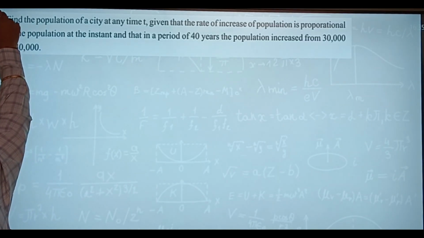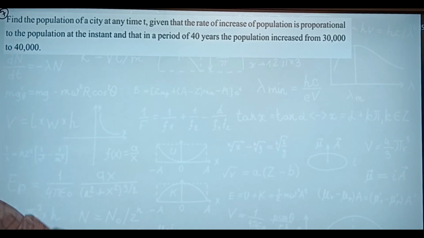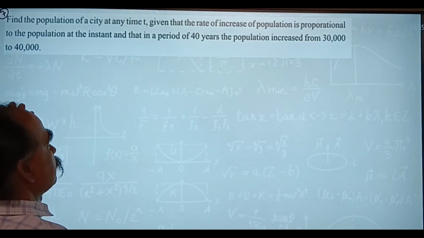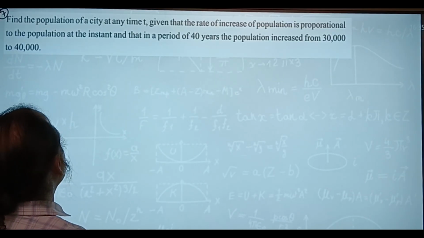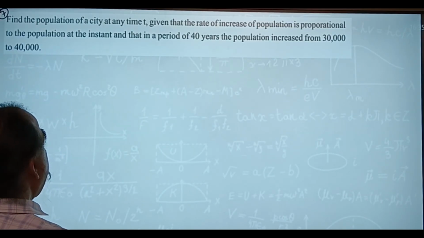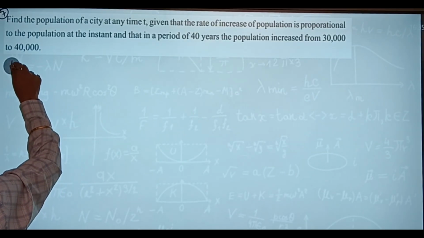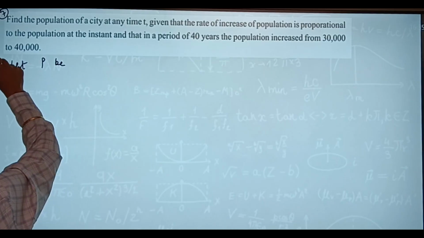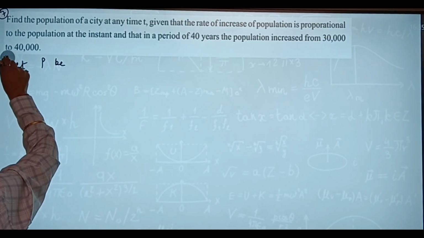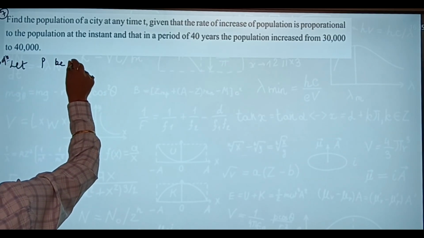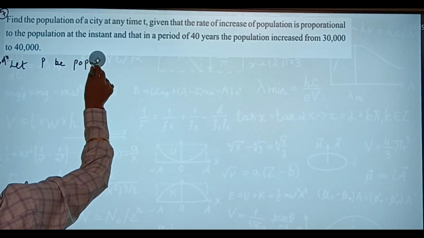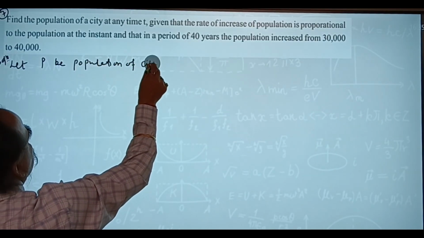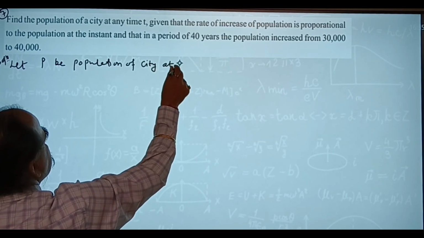This is 7. Find the population of a city at any time t, given that the rate of increase of population is proportional to the population at that instant. Let P be the population of the city at any time t.